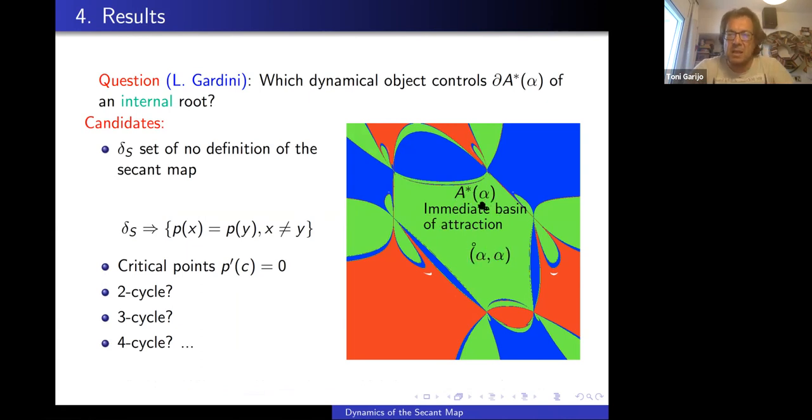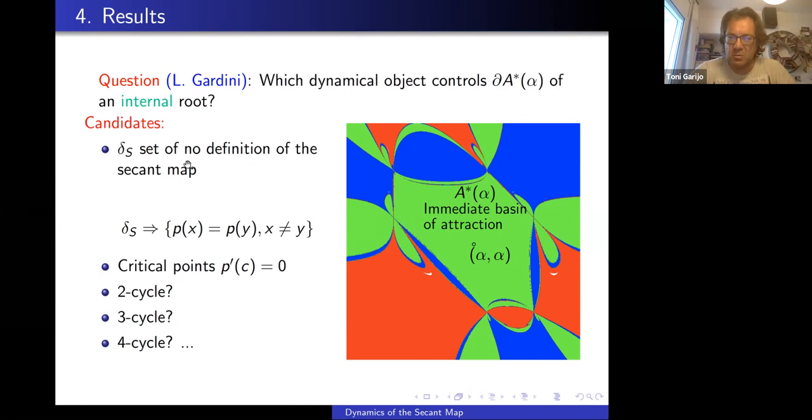Well, since we are working on complex dynamics, from the point of view of complex dynamics, the boundary of the immediate basin of attraction is controlled by the Julia set. And it's full of repelling periodic orbits, but there is nothing concrete to control. But she said that we need to investigate what is the object controlling this boundary.